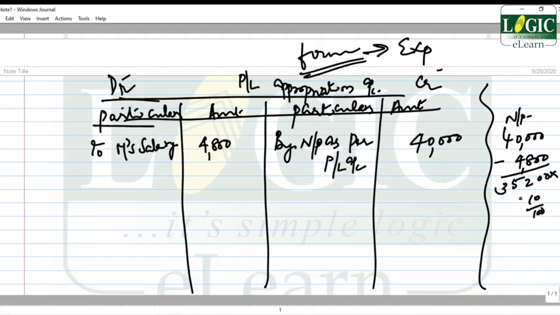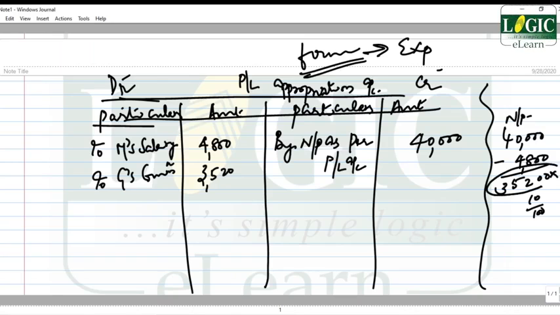This fellow's name is Girish. So to Girish's commission, it will be 35,200 into 10 by 100, that is 3,520. So the question arises, how this 35,200?